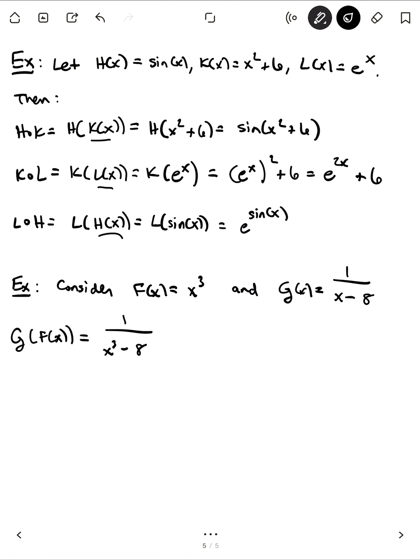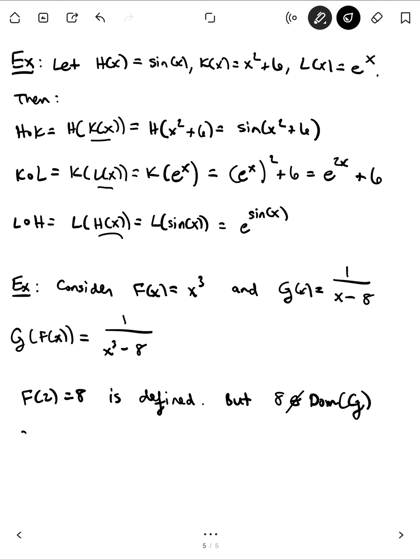Now notice f of 2 equals 8 is defined, but 8 is not in the domain of g.